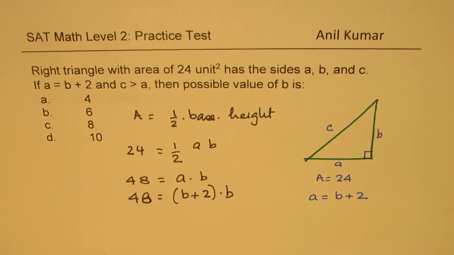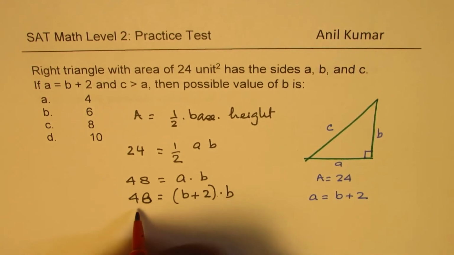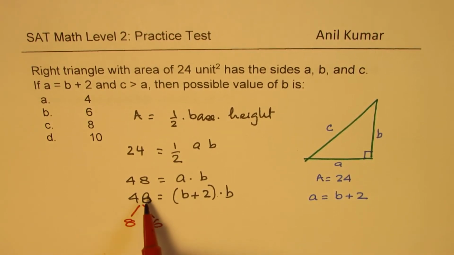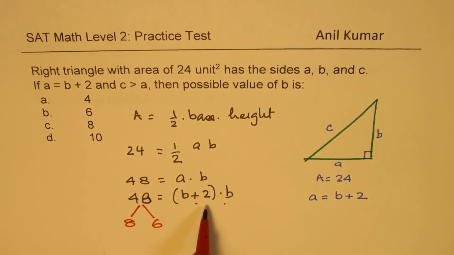But now in the multiple choice test question, you need to save time. You should look into what are the factors of 48, correct? So 48, you know, is 8 times 6 is 48, correct? We know 24 times 2 is also 48, but that doesn't fit into this part, correct? We are looking for product of two numbers where the difference is of 2, right?